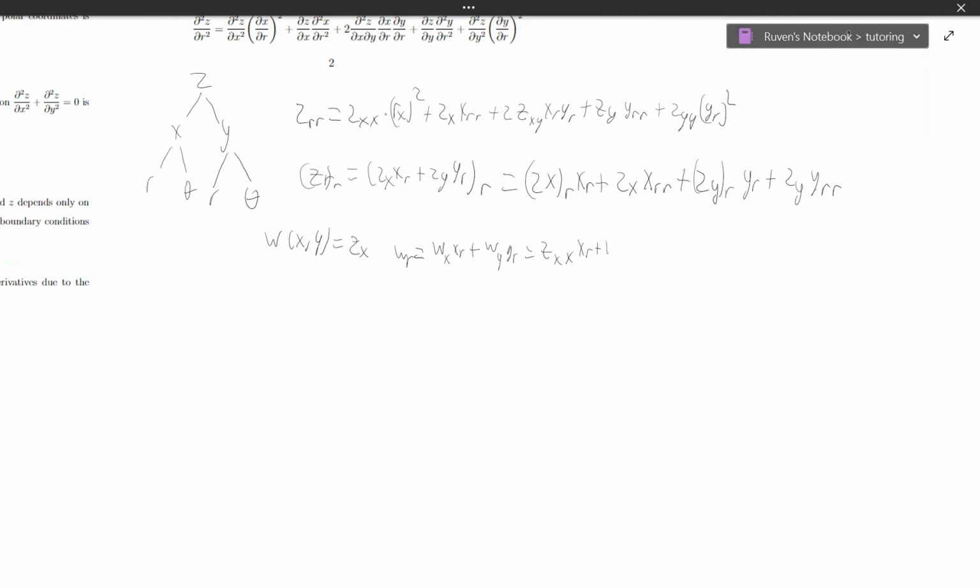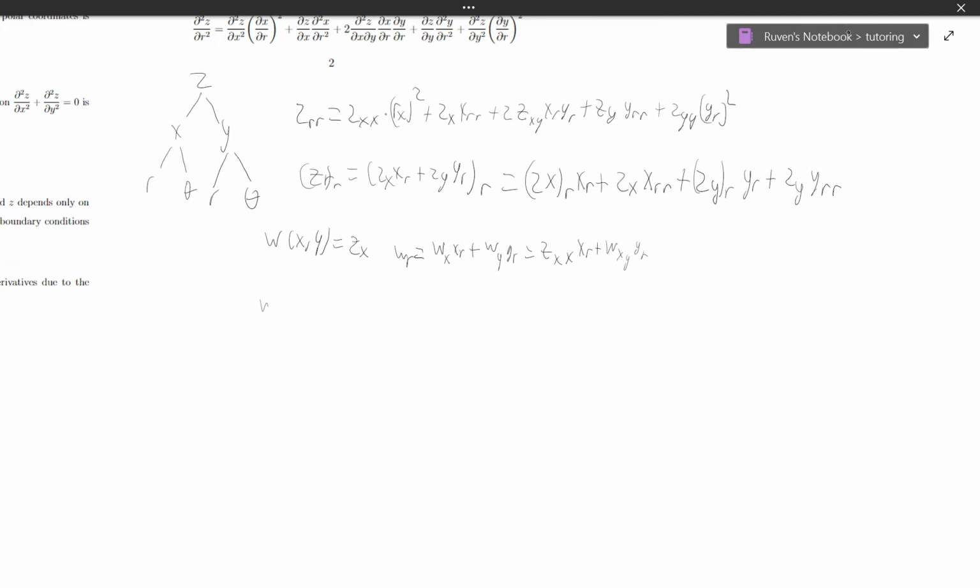So it's going to be w_x y y_r. Okay, and then for the z_y, it would end up being basically the same thing. Just over here would be z_yy y_r plus z_yx x_r. I'll just do it just in case.